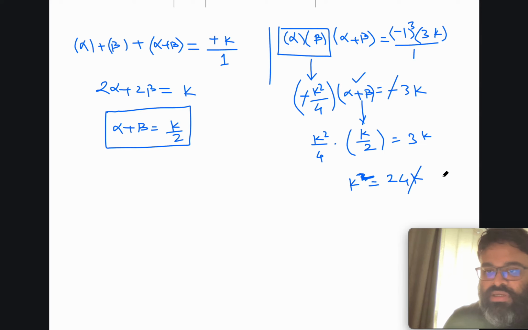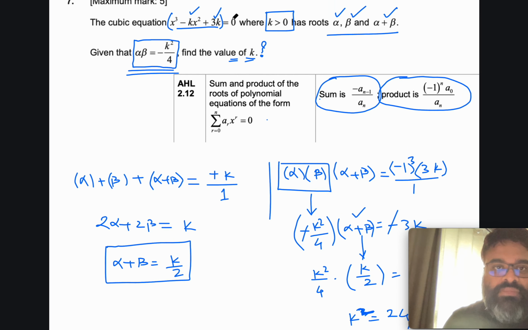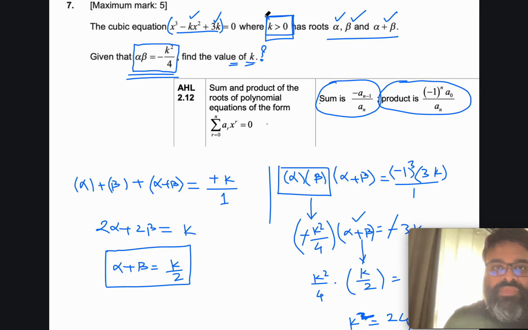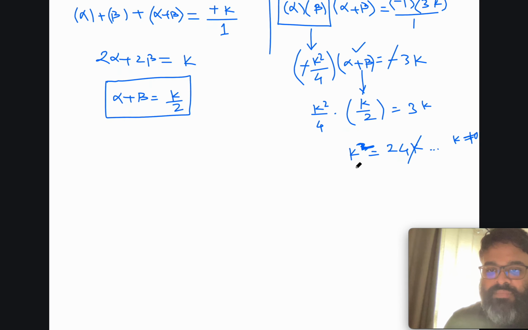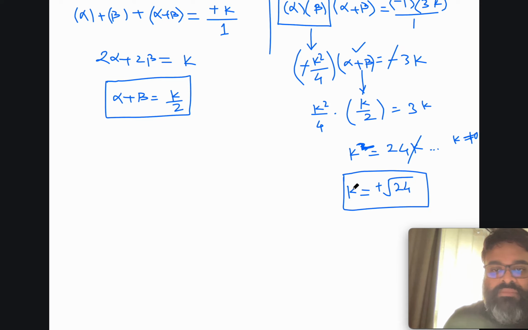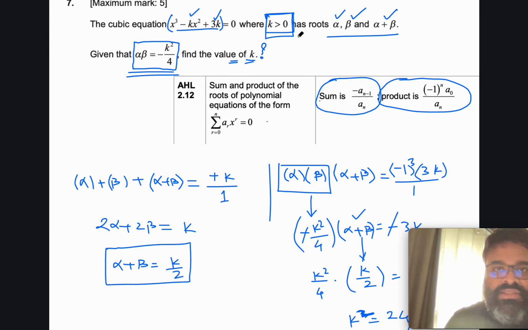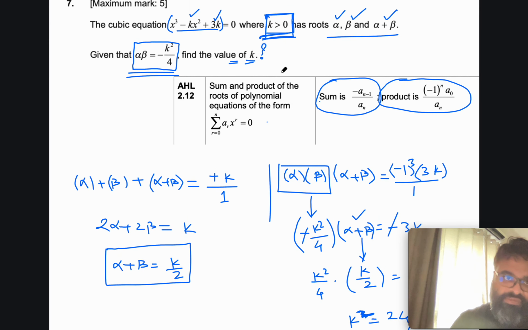You know k is not 0, because it's given in the problem that k is greater than 0. You get k square equal to 24, so k is equal to root 24. Don't call it plus or minus, it's just plus root 24, because the condition says k is greater than 0, can't be negative. And we find the value of k, done.